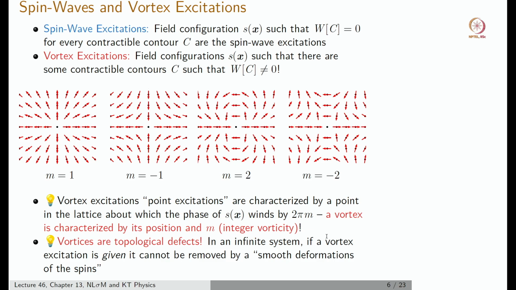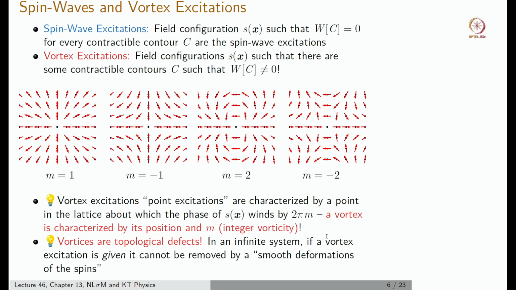But let's say that to change the configuration of any given spin, it will take you 1 second. So what a vortex configuration means is that in any finite amount of time, you cannot get rid of this vortex.